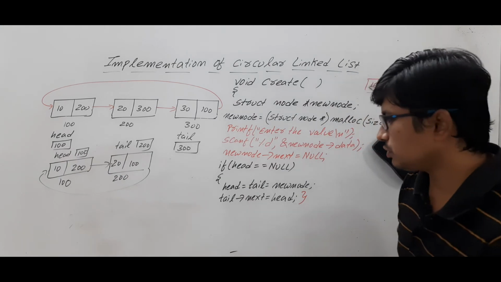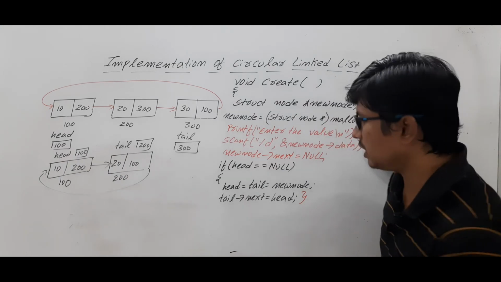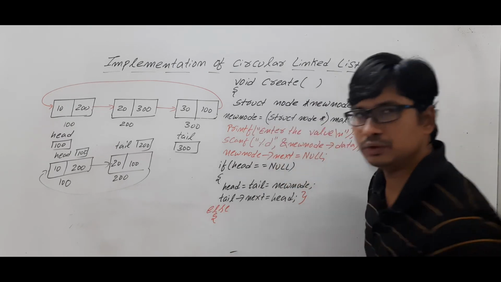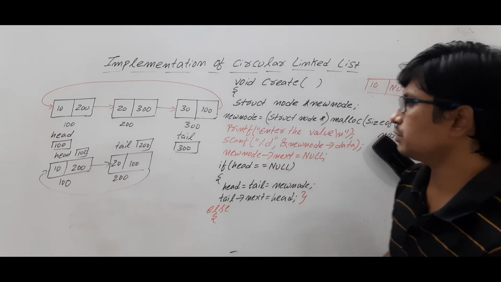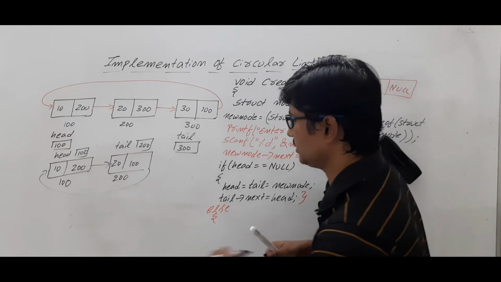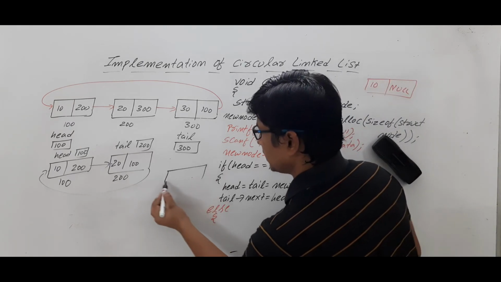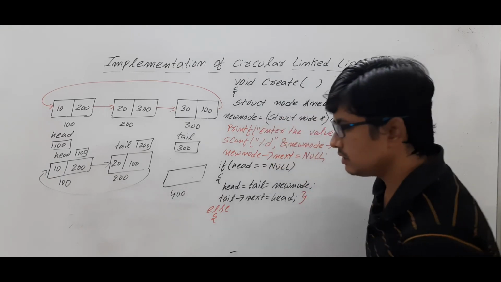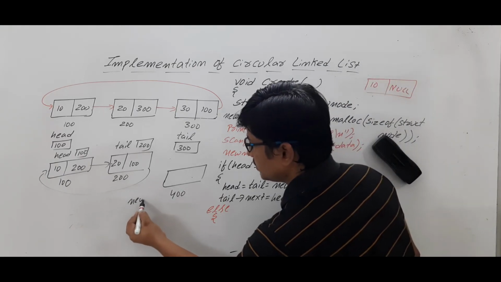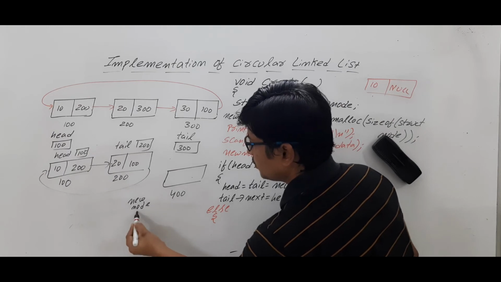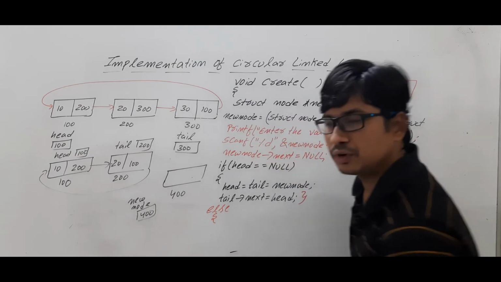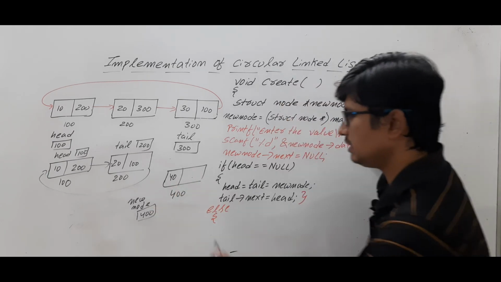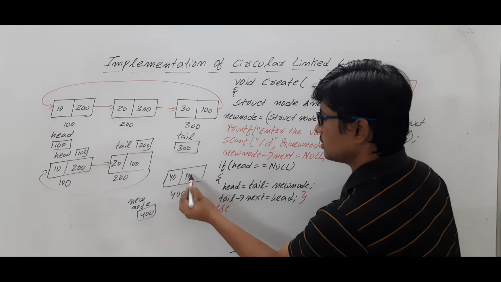So if you want to insert a node, meaning whatever node you have created, what do you have to do? Let's assume that you have created this node at address location 400. So new node pointer will have the value 400. Here for data, let's assume that I have inserted 40 and new node of next is null. Is it clear?